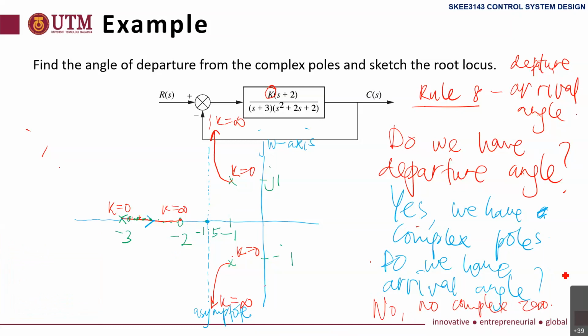If we have only complex poles, then we only have the departure angle. If only a complex zero, then only the arrival angle. If we do not have a complex pole or complex zero, then rule number 8 will not be applicable. Again, you must determine which rule to be used. Now let's use the formula to calculate the departure angle.